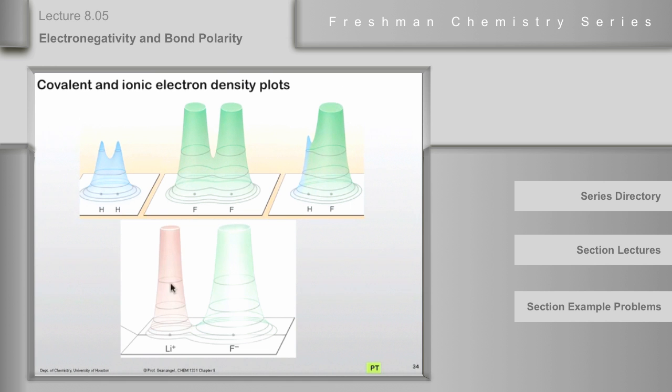And if we look at a predominantly ionic compound like lithium fluoride, you can see there's a big difference in the electron density for the lithium ion and the fluoride ion. And there's not very much shared electron density here, but there's a little bit.